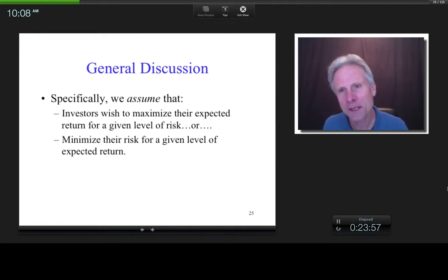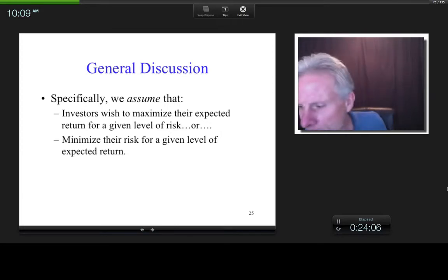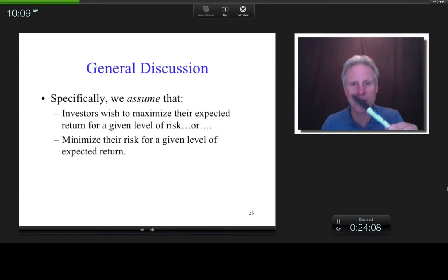I like to think of it as analogous to, if you will, the price-quality dimension. So for example, here I have this pen.